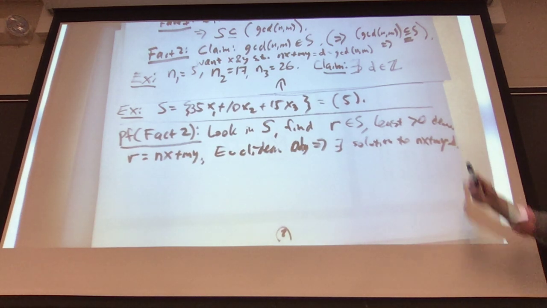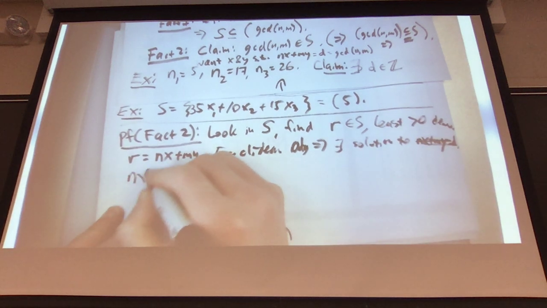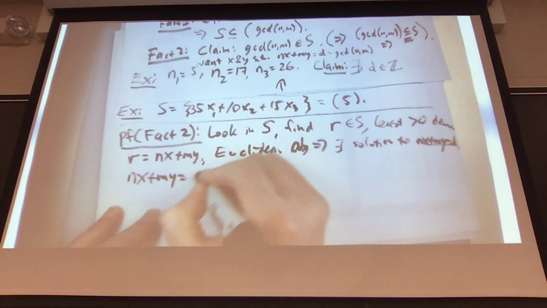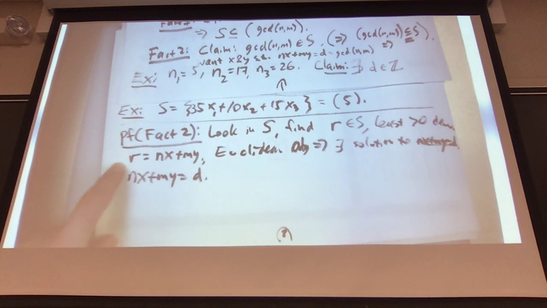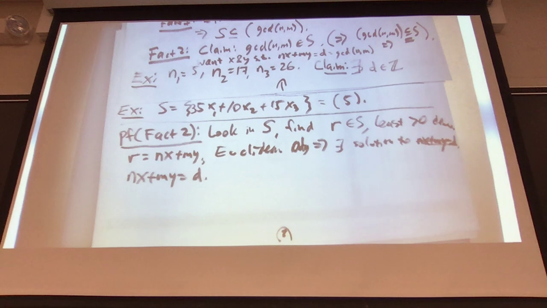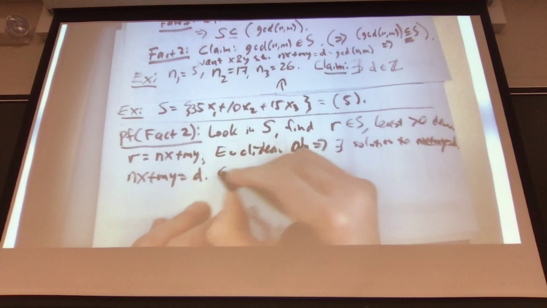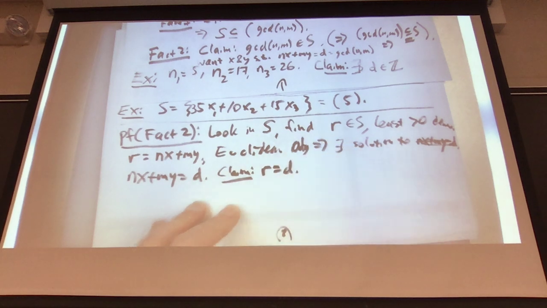Can you still read this? Is this getting too small? I'm having nx plus my equals d. So D is also the smallest positive element. Is D smaller than R? My claim is that D is equal to R. And the claim is that this smallest element is actually the GCD.